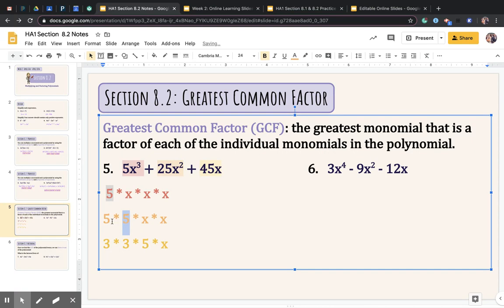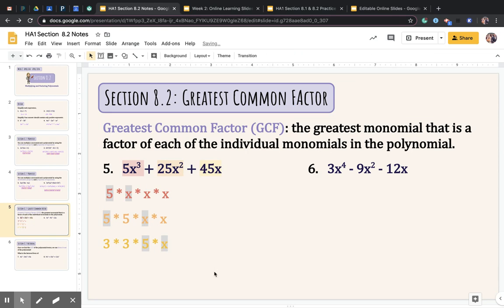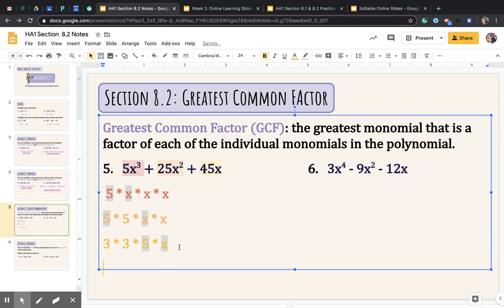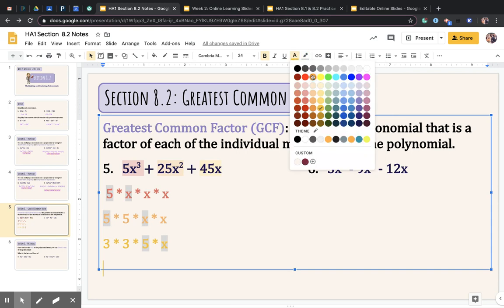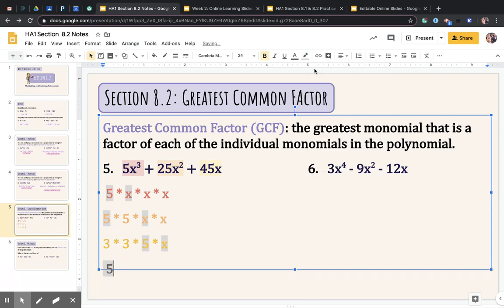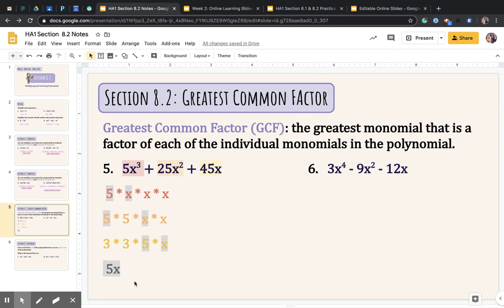Each one of these has a 5. Okay? And also notice that they all have an x. So the greatest common factor between all of these is going to be 5x. That is your final answer there.